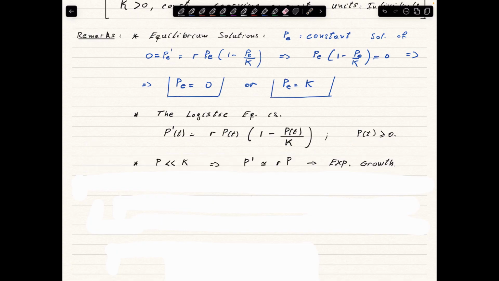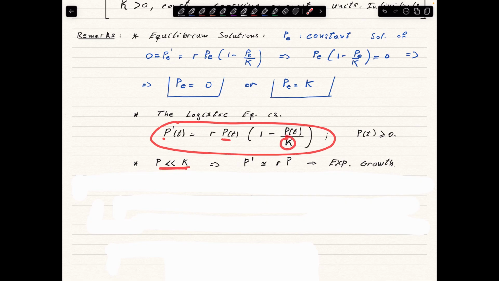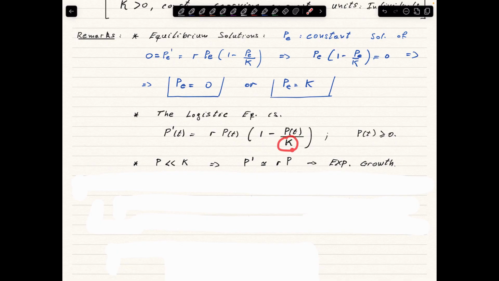Let's see what this equation looks like when the population is, for example, much smaller than this constant here. This constant is called the carrying capacity, and usually it's a big constant, like 10,000, 1 million, 100 million. So it's a big constant usually in applications.